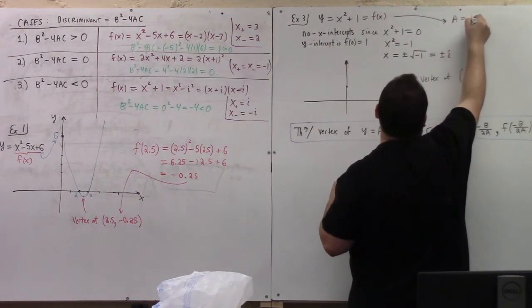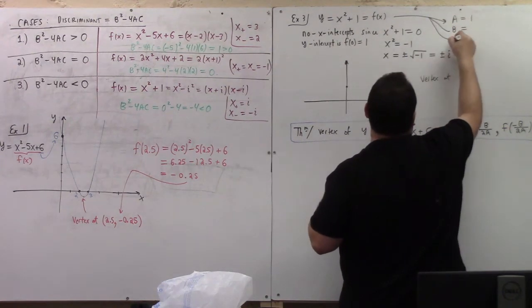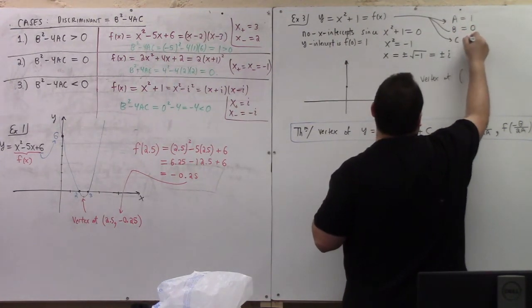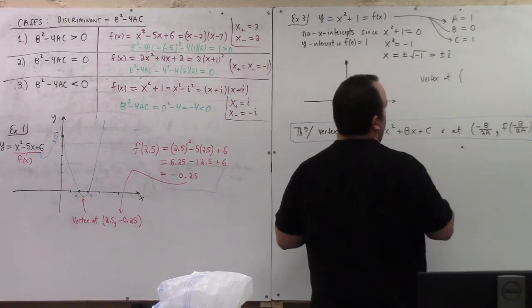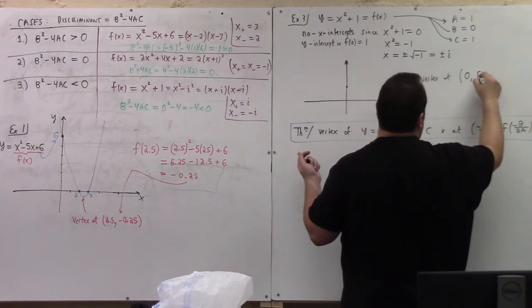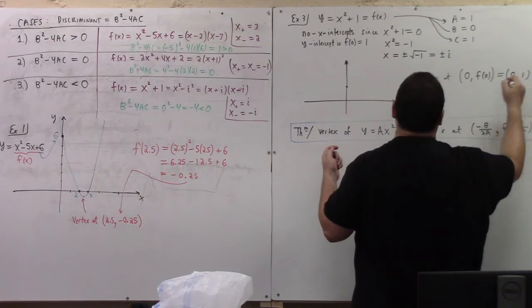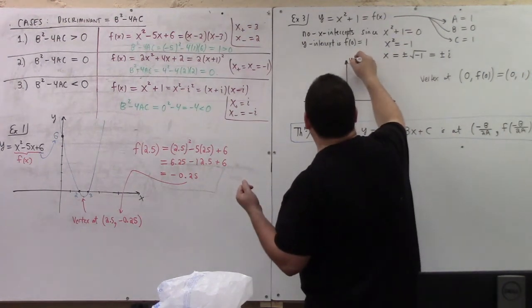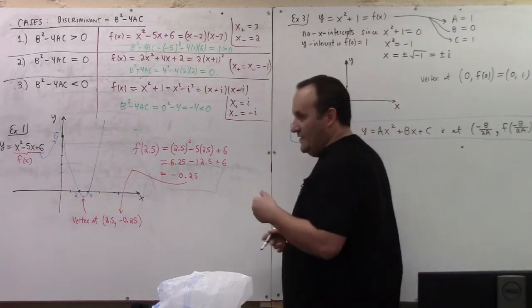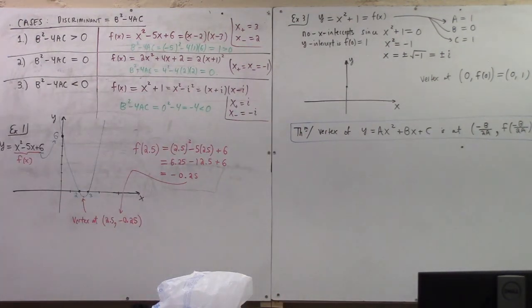A is equal to 1, b is equal to 0, c is 1. So where's the vertex? The vertex is at 0, comma f of 0, but we already know f of 0 is 1. So this is a kind of funny example. In this case, the vertex is at the y-intercept. That can happen.